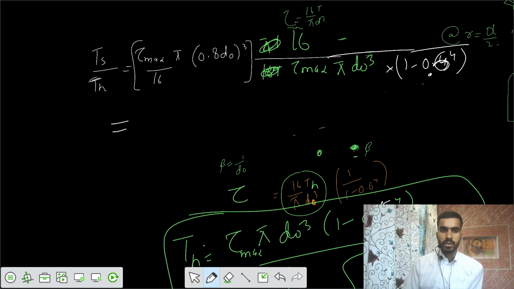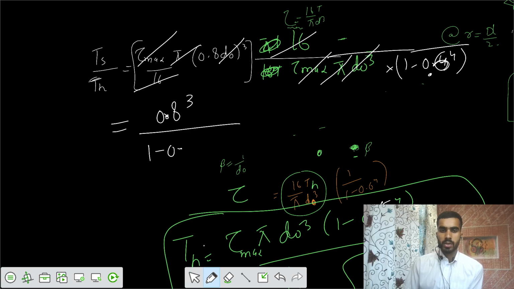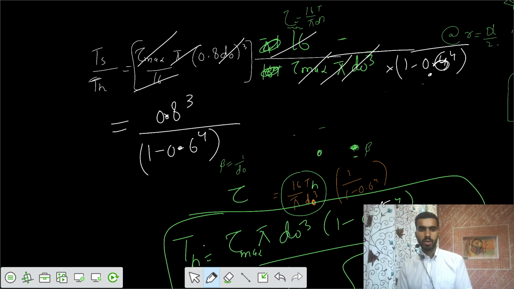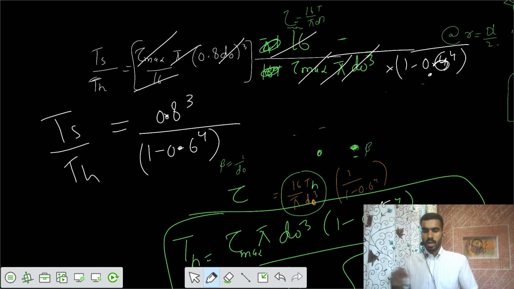I would say, since your tau max is same, pi is same, d outer is same, 16 is same, you got the value that t solid by t hollow equals to 0.8 cube divided by 1 minus 0.6 power 4.